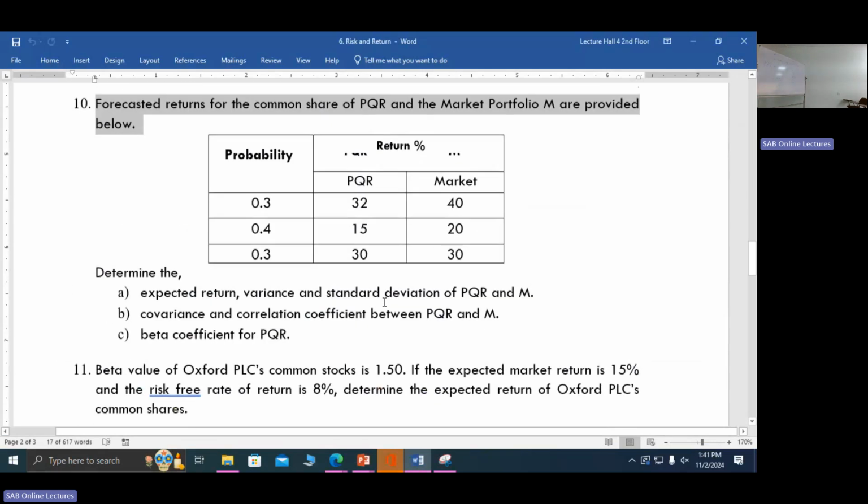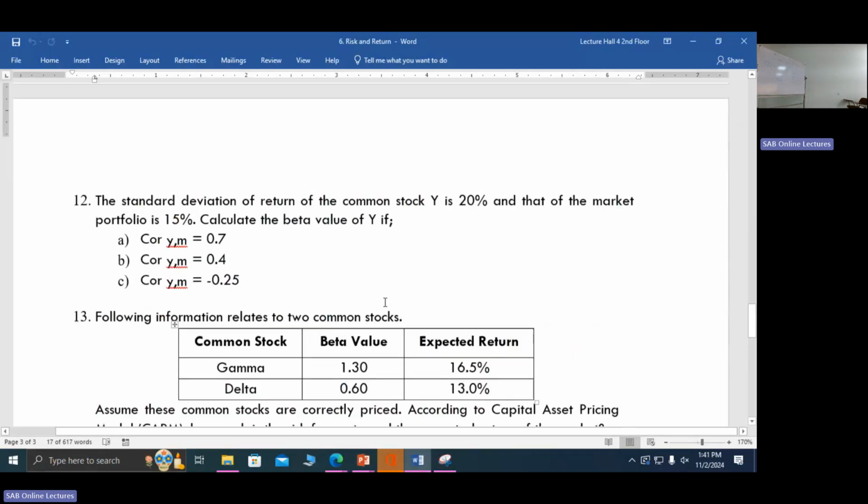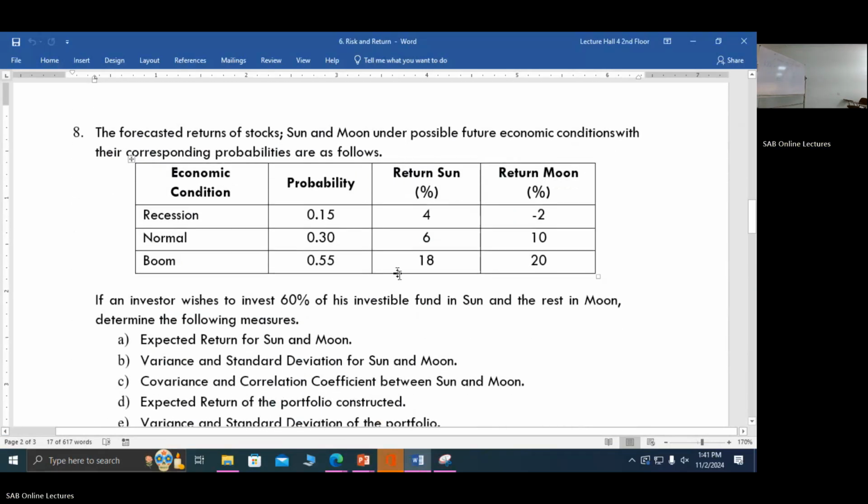8, 10 and question number 30. Right. Start with 8, this one.